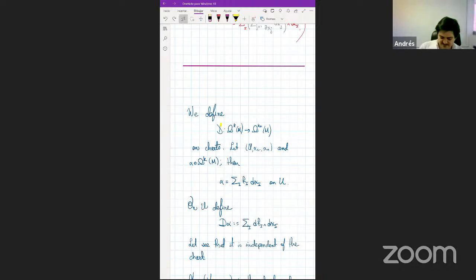But basically, if you have an exterior derivative on a manifold, then on a chart, this definition will make sense. That is, it's independent of the chart. So this is now our next task, to show that it is independent of the chart that we take.